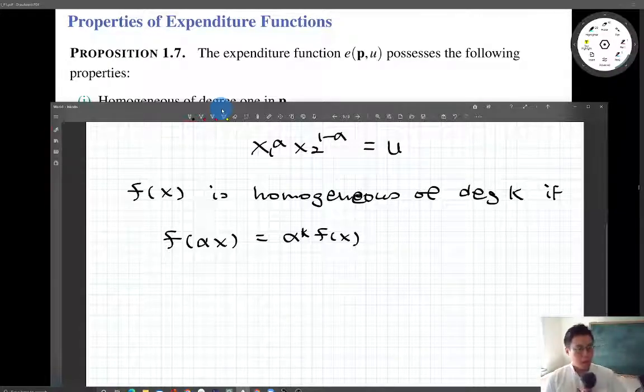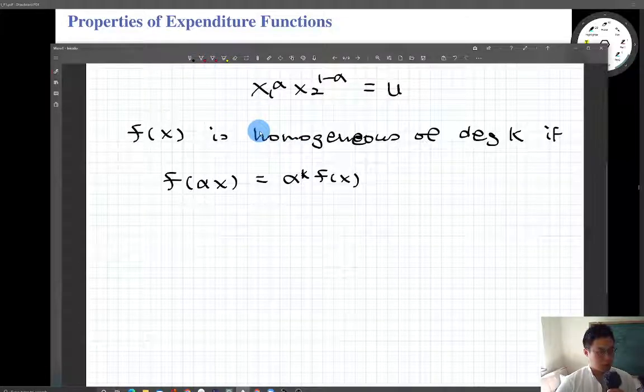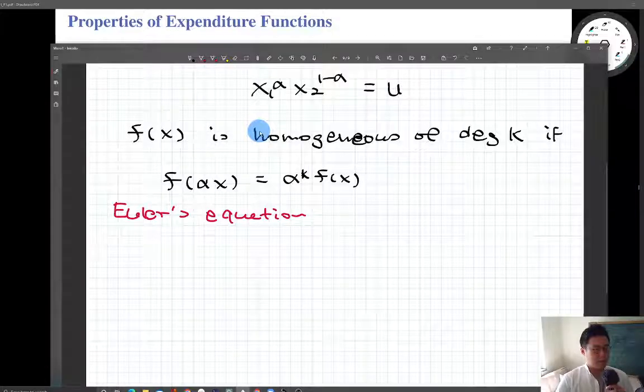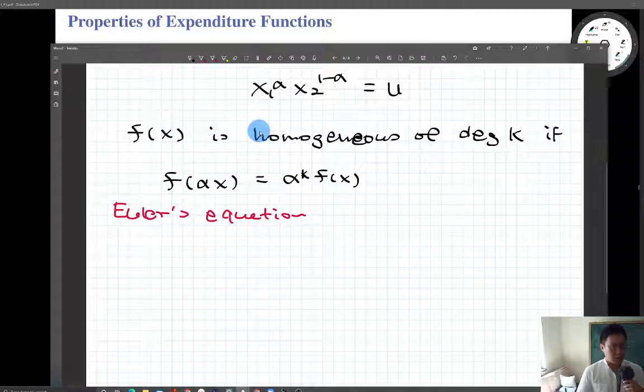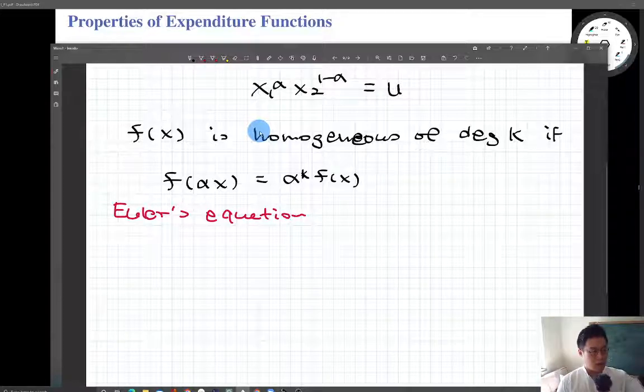All right, and then there is one important equation regarding this homogeneity. That is called Euler's equation, and this is frequently used in the analysis of consumer and producer behavior. So let me briefly mention it right now.